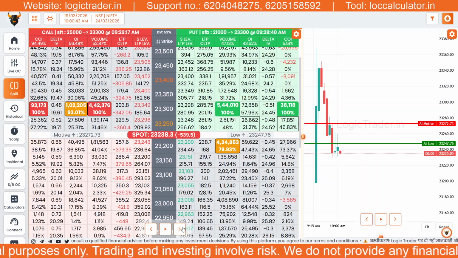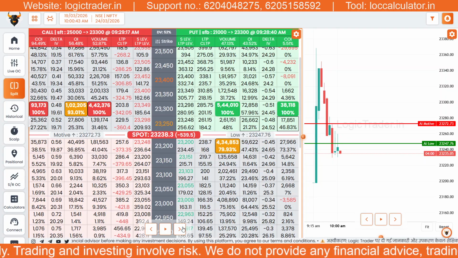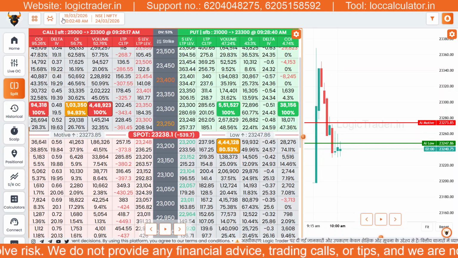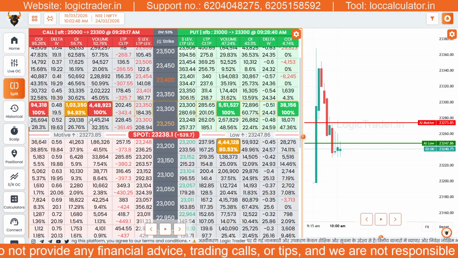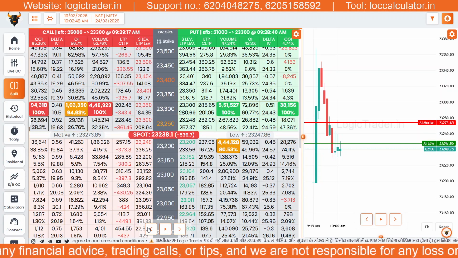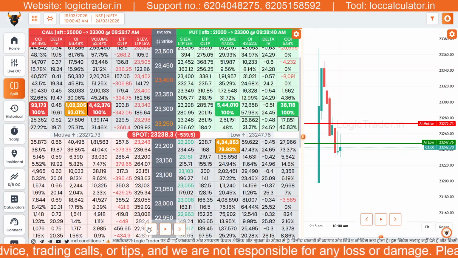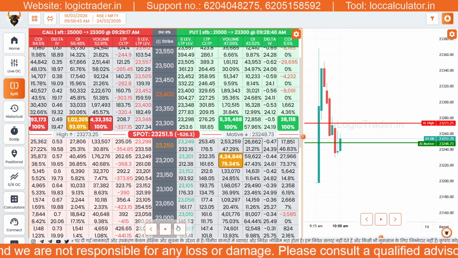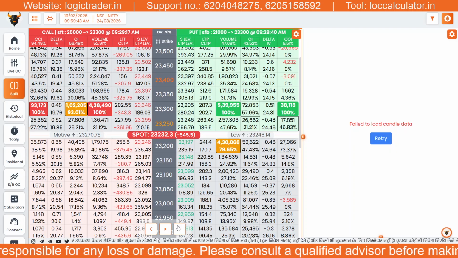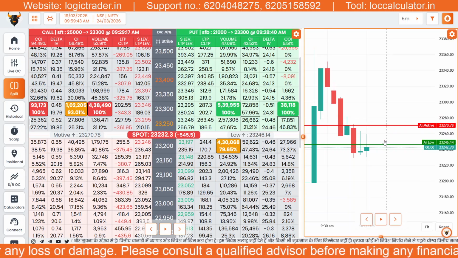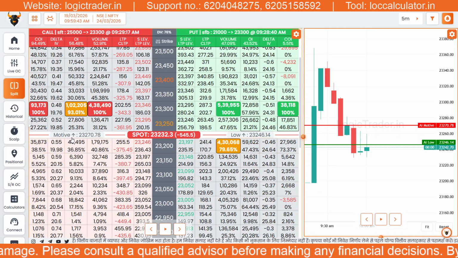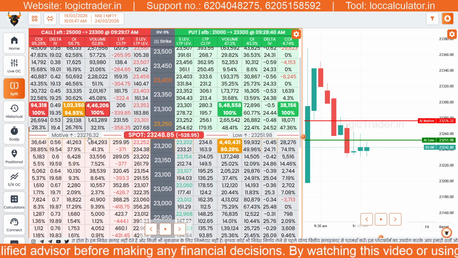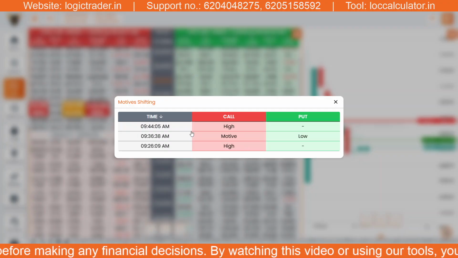However, as we reach 10 a.m., it becomes clear that the motive has changed. See, for the past 3 minutes the motive was showing on the call side. That means the market is in a bullish condition. Here you have to observe for 3 minutes, and you can also click here to get the confirmation.